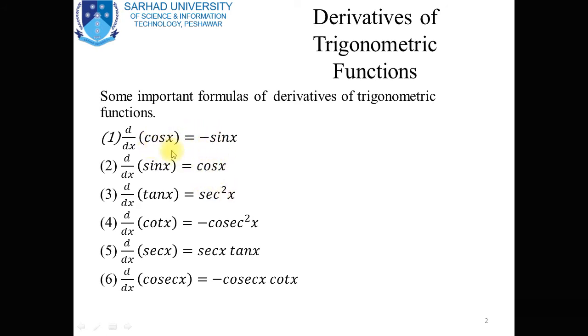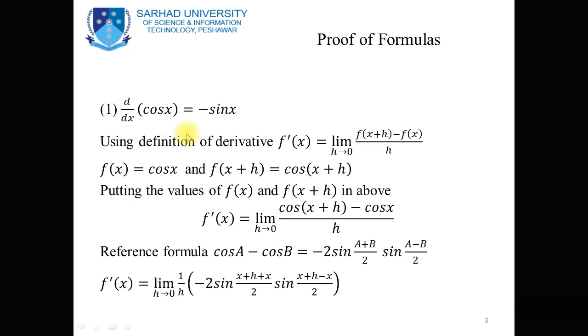So first of all, I would like to explain the procedure for the proof of the derivative of cos x with respect to x is equal to minus sin x. So dear students, you see over here, in this proof the given function is f of x is equal to cos x.